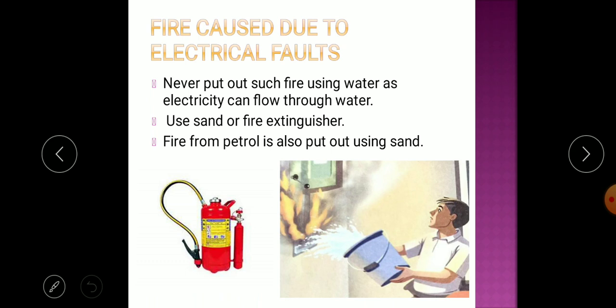So, we advise you to never use water in case of fire caused by electrical faults. So, what are you supposed to do then? You have to use sand, or you can use a fire extinguisher, which is a special instrument used to put out fire. In case of fire caused by petrol, then also you can use sand.